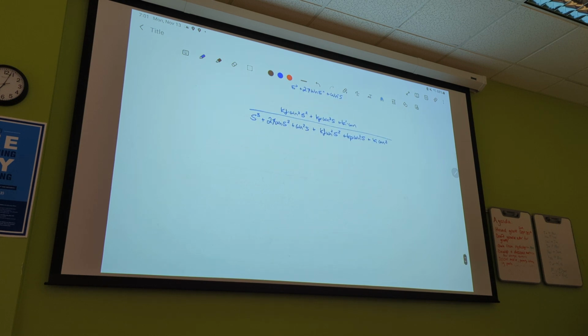And then I'm going to collect the terms in the denominator. So look, we have an s squared here, and then an s, and then an s, plus omega n squared plus kp omega n squared s plus ki omega n squared.